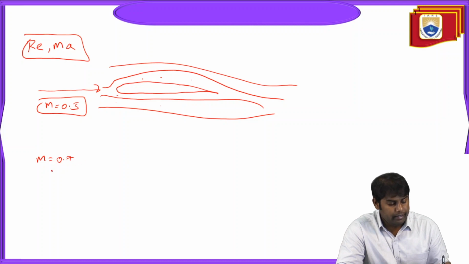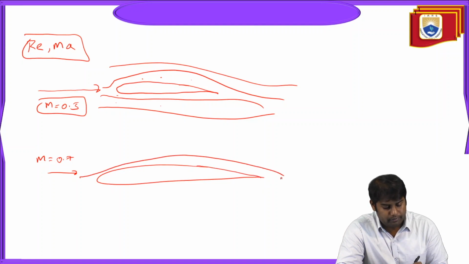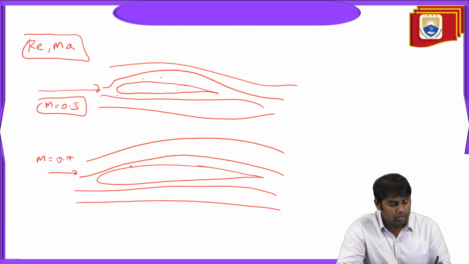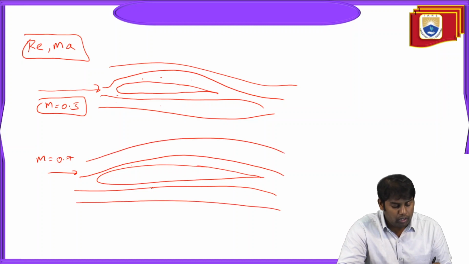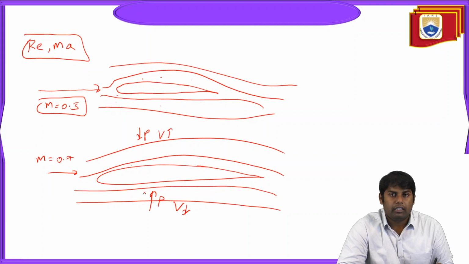When the flow is passing over the airfoil, it will expand somewhere on the top. Why? Because on the bottom the velocity is low and pressure is high, while on the top the pressure will be low, so the velocity will be high. According to Bernoulli, as the pressure decreases, velocity increases, and as the pressure increases, velocity decreases.